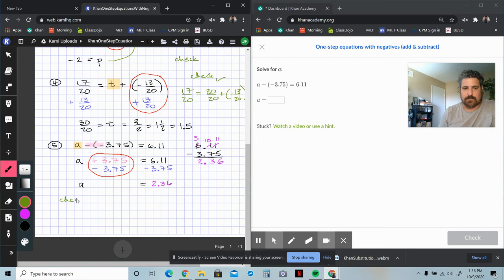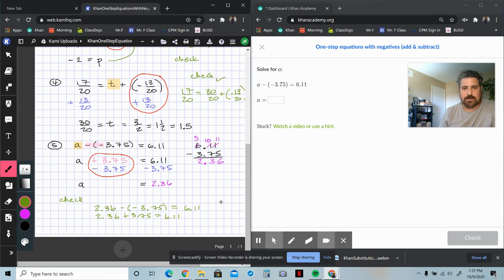So let's do a little check for this, make sure we got it correct. So we say, all right, let's test it. Is 2.36 take away negative 3.75 in fact equal to positive 6.11? Well, taking away a negative is the same as adding a positive. So really what we're asking here is, is 2.36 plus 3.75 equal to 6.11?